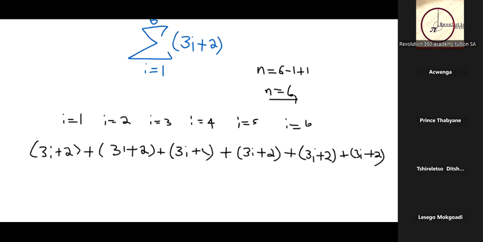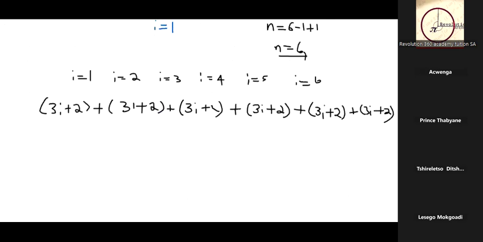And then here we'll say brace, and that will be 3 (in place of i, I'm going to put 1) plus 2. The brace, you say plus, put another brace, that will be 3. Then in place of i, I'm going to substitute 2, close bracket, plus 2, right?